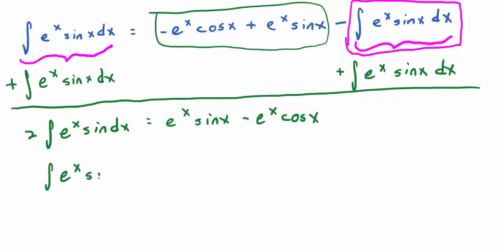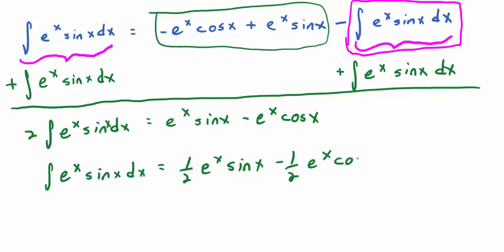So I get integral e to the x sine x dx is equal to 1/2 e to the x sine x minus 1/2 e to the x cosine x. And then I should at some point put in plus c, right? That would be easy to forget after doing all that work. So I think that's a pretty neat problem, pretty neat trick anyway.